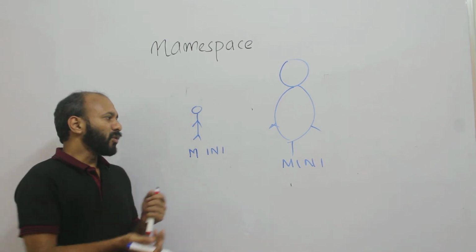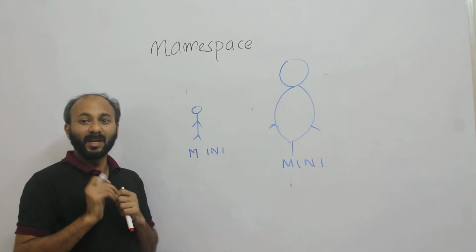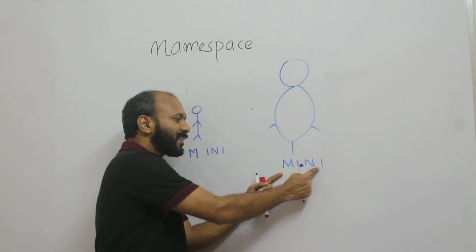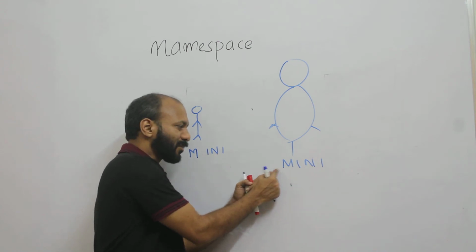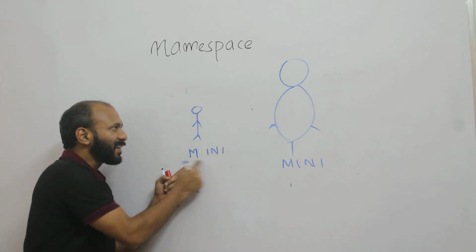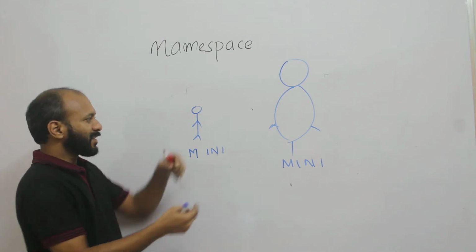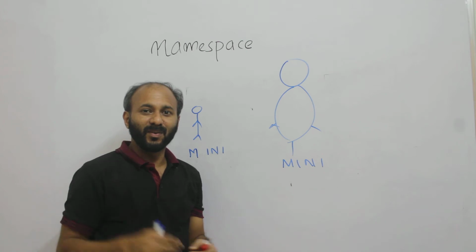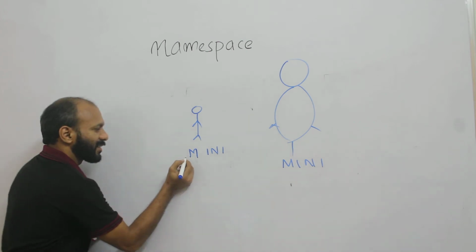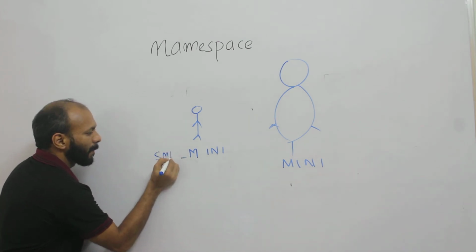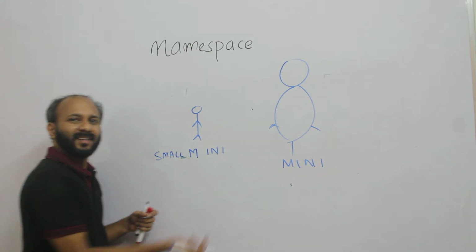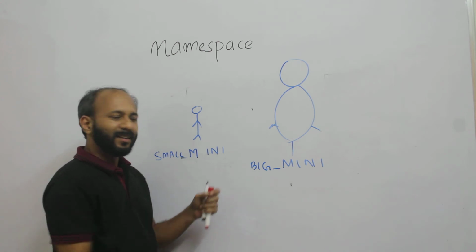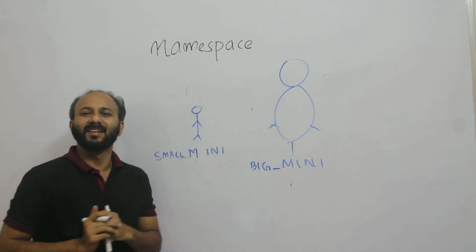Now, I am going to avoid this name clash with the help of a namespace. That is, I am associating the name Mini with some name and I am associating the other Mini with another name. This Mini is a small Mini and this Mini is a gigantic one. I am calling this one small Mini and this one big Mini. This concept is known as namespace.